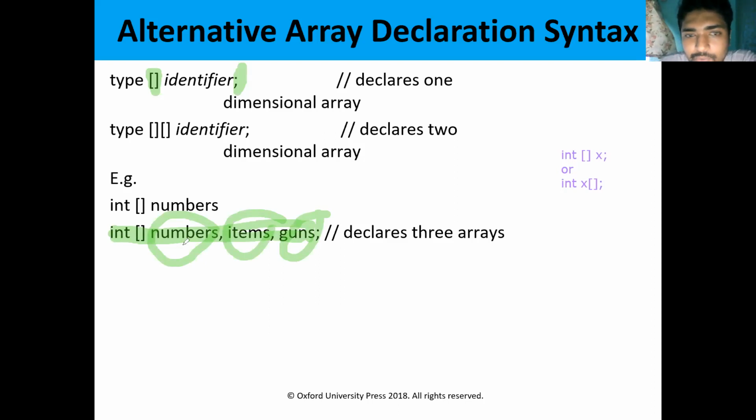There is no need to give the int 3 subscripts here. A single subscript is enough. We are declaring arrays of type int: numbers array 1, items array 2, guns array 3.